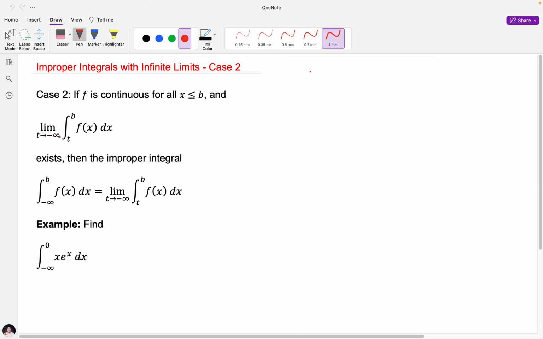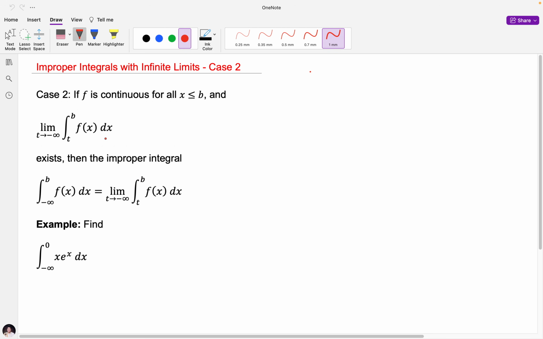So according to case 2, if f is continuous for all x less than or equal to b, and the limit of this one as t approaches negative infinity exists, then the improper integral given by the integral of f of x dx from negative infinity to b is equal to the limit of the integral of f of x dx from t to b as t approaches negative infinity.